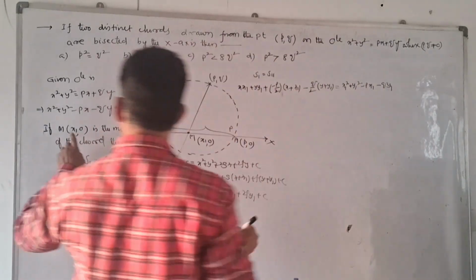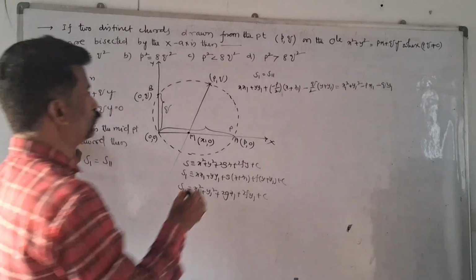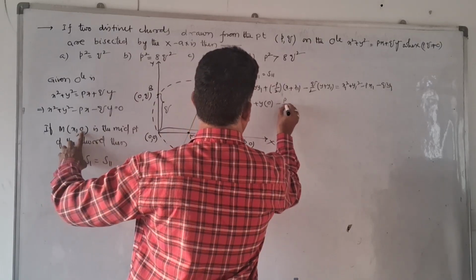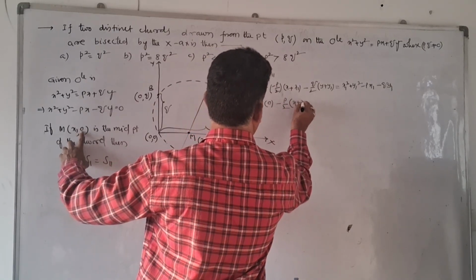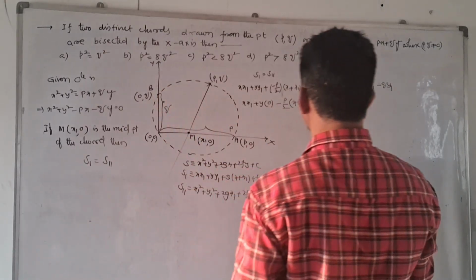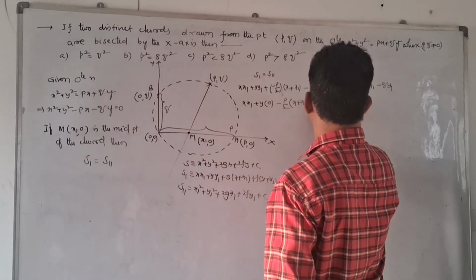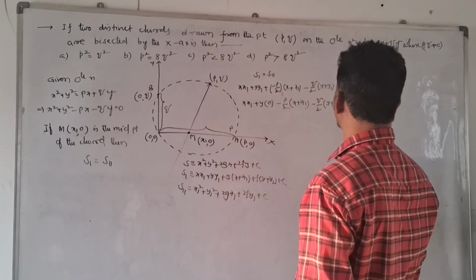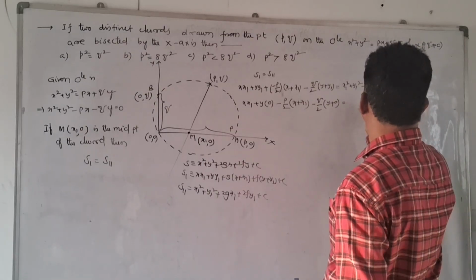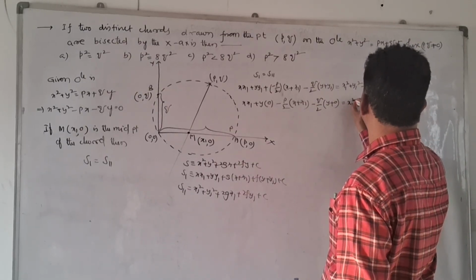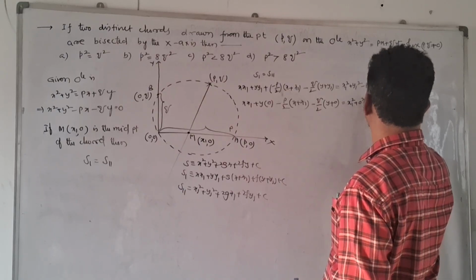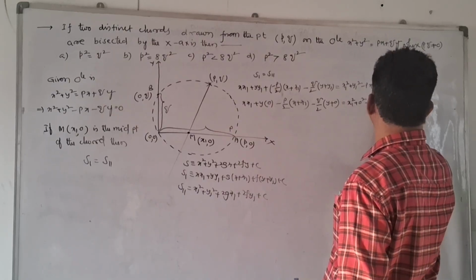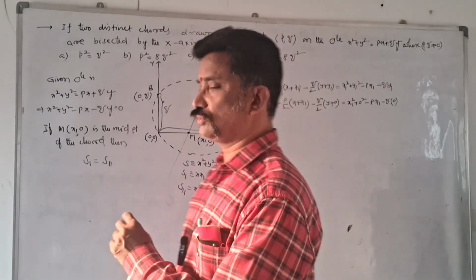But here M is equal to (x1, 0), y1 is equal to 0. So that implies x x1 plus y into 0 minus p by 2 into (x plus x1) minus q by 2 into (y plus 0) is equal to x1 square plus 0 square minus p into x1 minus q into 0.